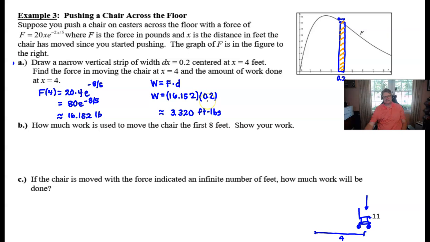Now, part B is where the problem really starts to get into the idea of work done in a variable fashion. It's very clear that the force required for this chair to stay in motion is varying quite a bit. So how much work is used to move the chair the first 8 feet?